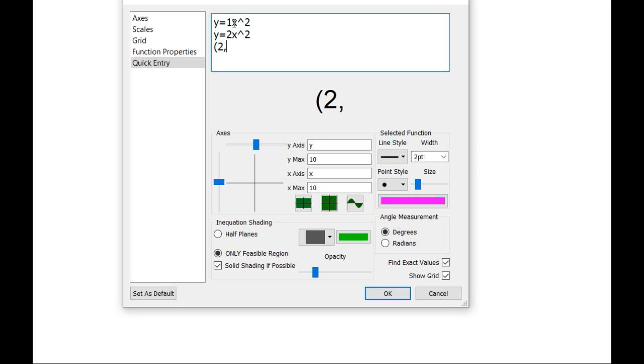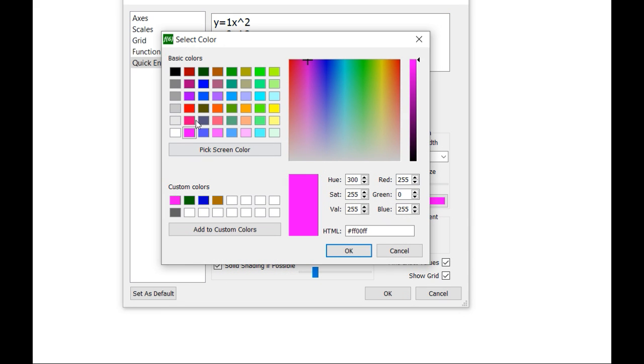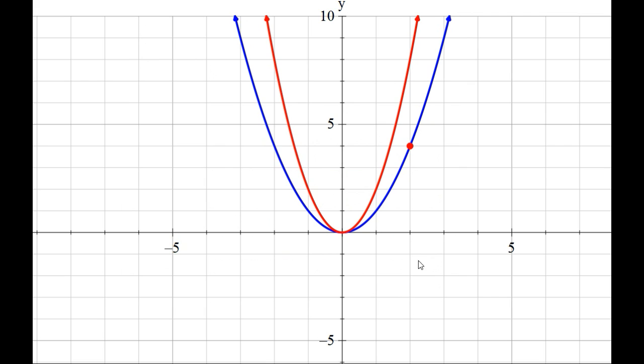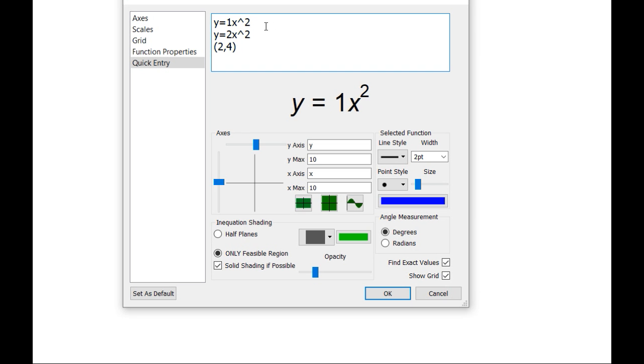We square it and we get 4. Now that will give me a point on that line there, and I want that to be the same colour, so let's change this and make it red. Now that should give me a dot. There we are. Look, x is 2, so y is 4. Okay, that's for this one here.